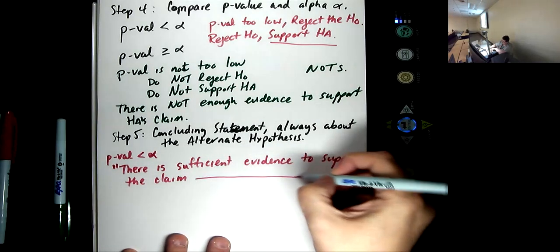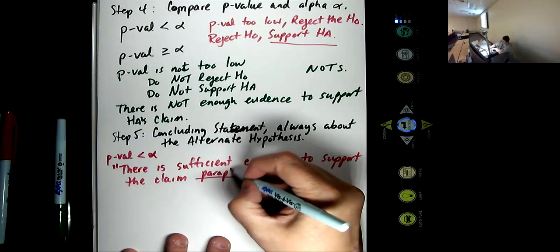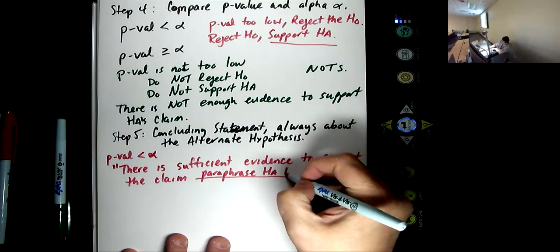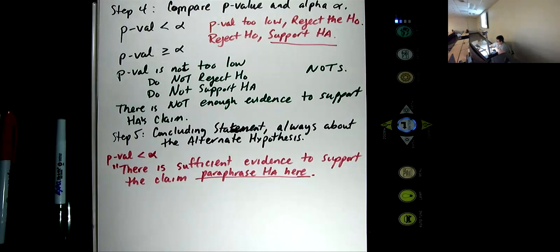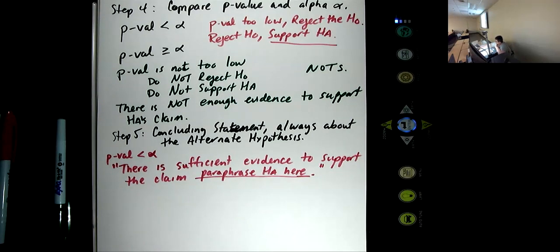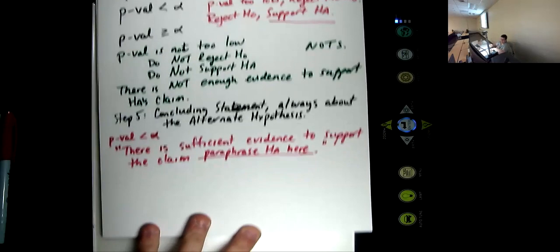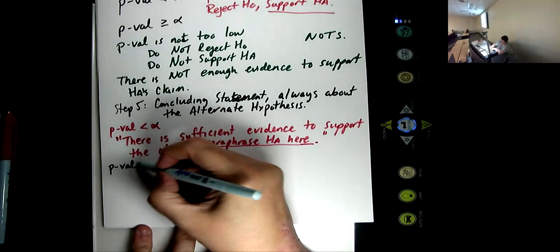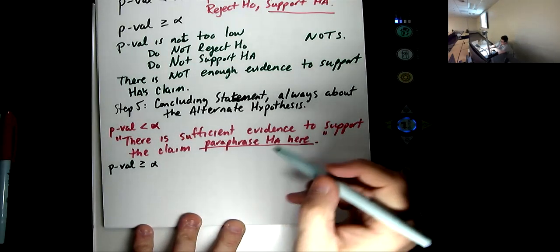And then paraphrase HA here. If p-value is greater than or equal to alpha, here we are not supporting HA.